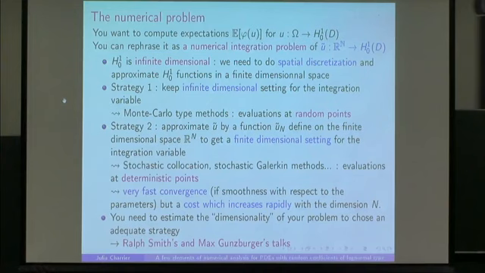In the second strategy, you are going to evaluate your function, so you solve a PDE for deterministic points. If you choose the second strategy, the convergence is very fast with respect to the number of points, if the solution is a smooth function. That's what Max Gunzburger talked about yesterday: the solution U of the PDE has to be a smooth function of the uncertain coefficient A. As explained, if U is analytic, you really have exponential convergence.